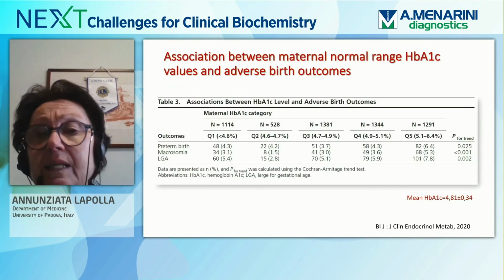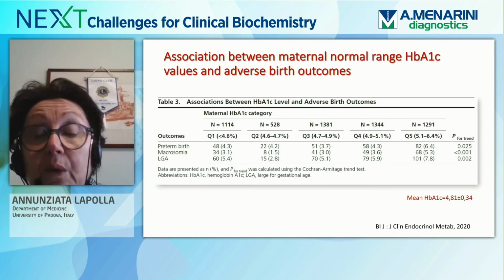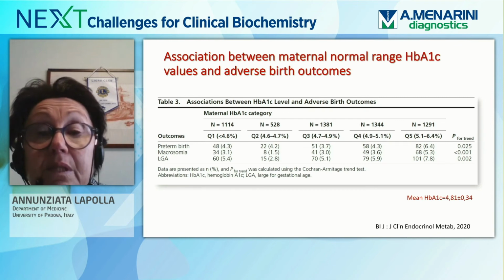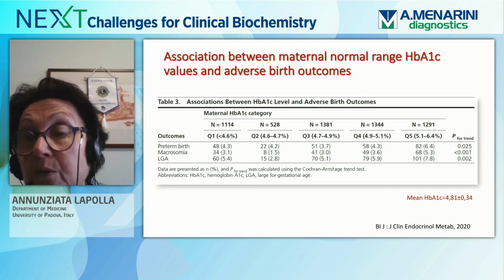Only a China study has shown that normal patients have a higher frequency of preterm birth, macrosomia, and large for gestational age infants only when we look at the higher levels of HbA1c.